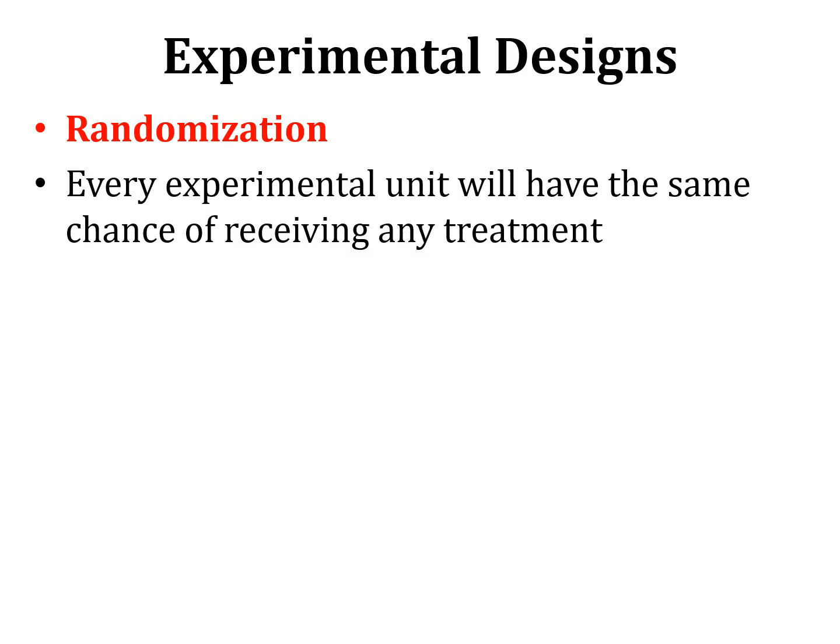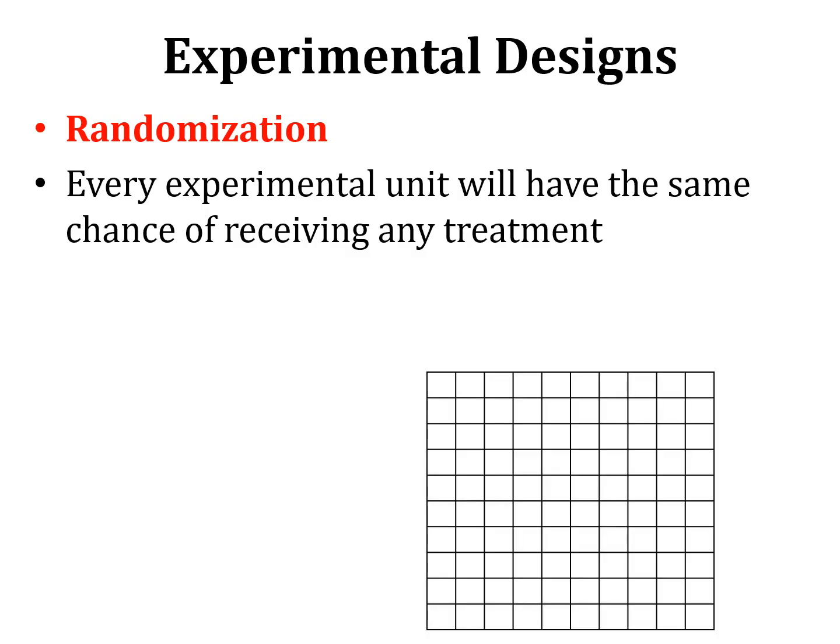So there should be no bias in that, and the experimental units will have an equal chance to receive any of the treatments of the independent variable, right? So this is what is meant by randomization.